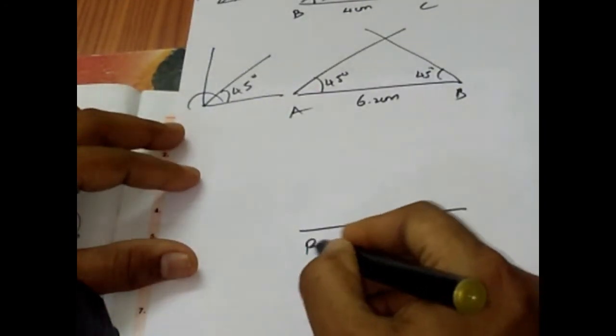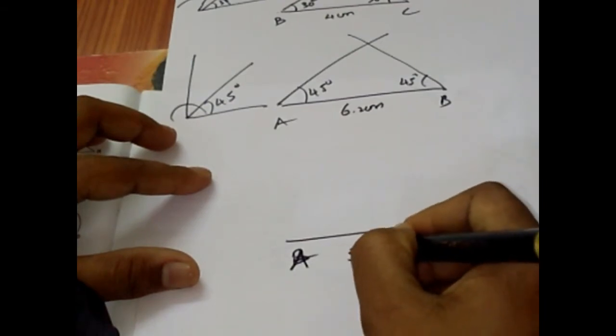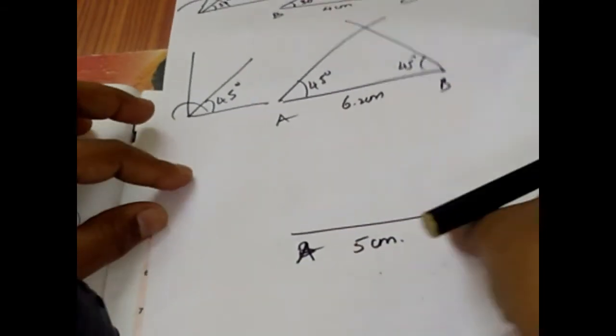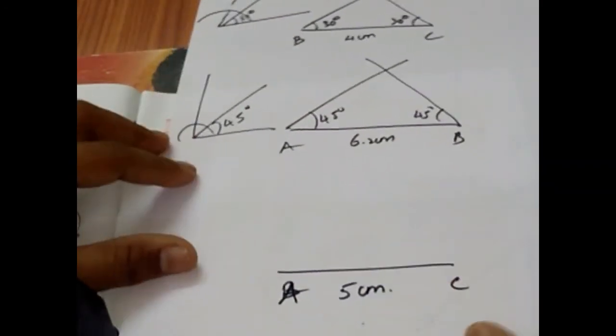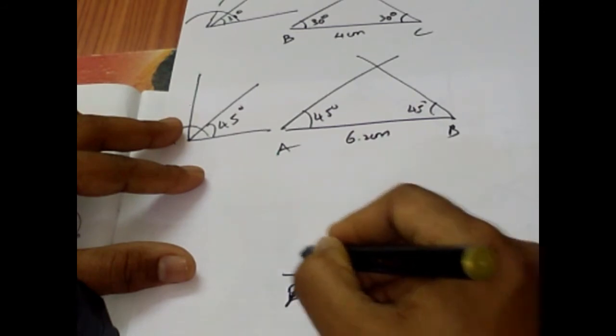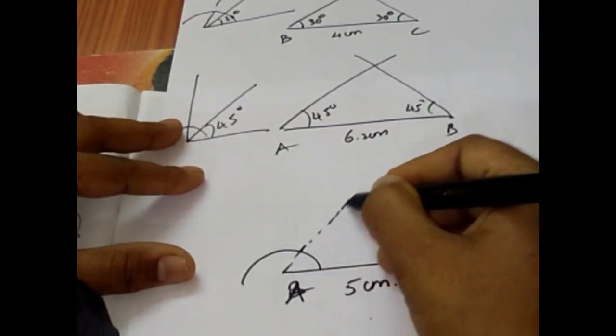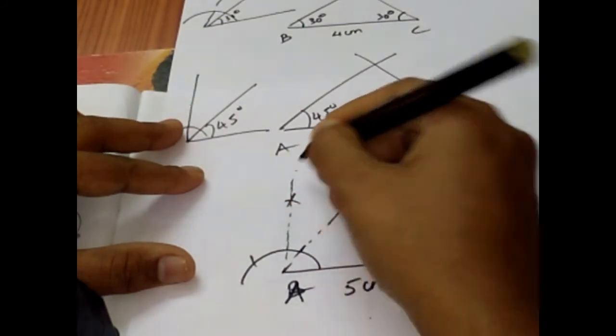And the last one is the measure of baseline AC is 5 centimeter and the base angles are given as 75 degree. So both the sides you need to have 75 degree. I repeat how to construct 75 degree. First, with the help of an arc we need to have 60 degree and with the help of these two arcs construct 90 degree.